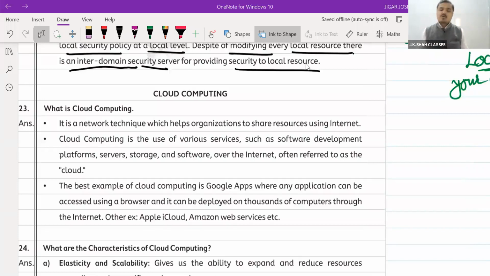So what is cloud computing? I am saying the definition of cloud computing. Please write it down.